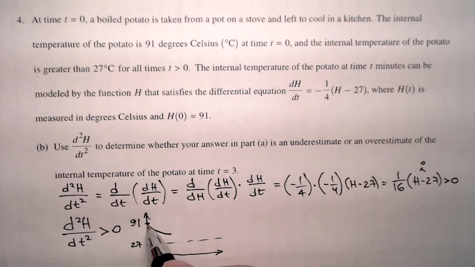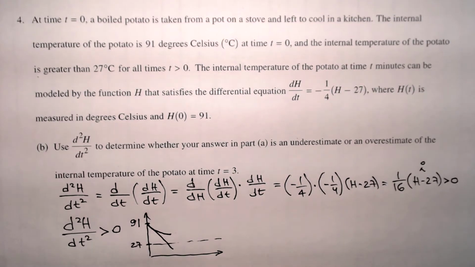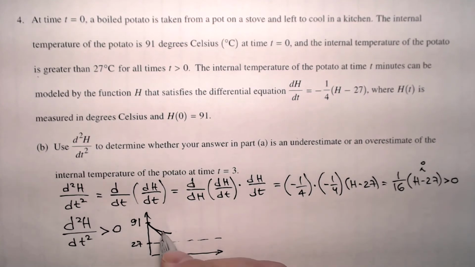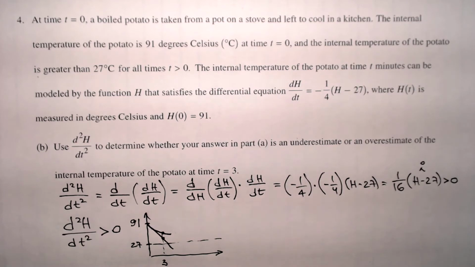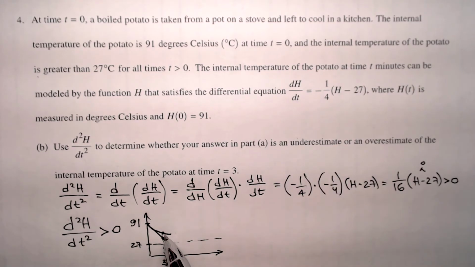And so the tangent line here, as we know, was like this, because it had a negative slope here. So approximately, if this is time equals 3, our estimate in part A was an underestimate of the true value. So 43 was lower than the actual temperature at time t equals 3.